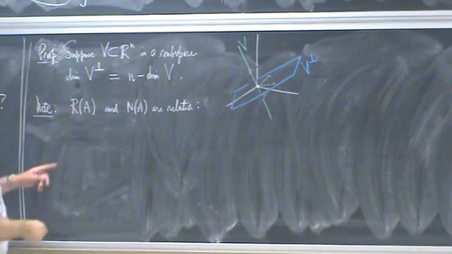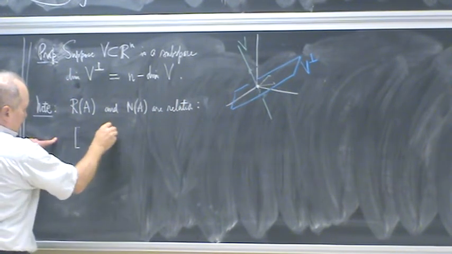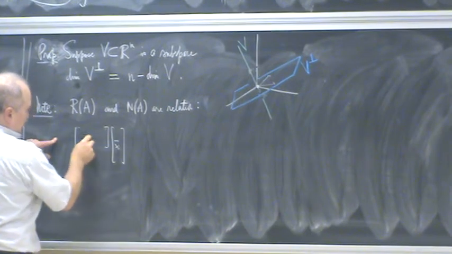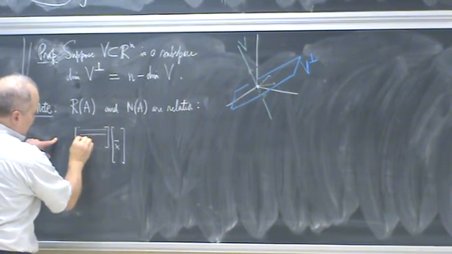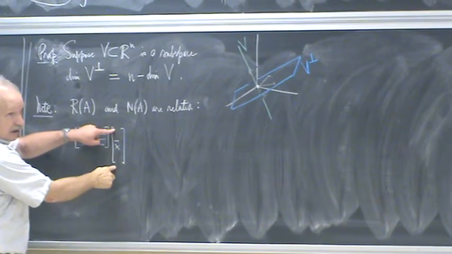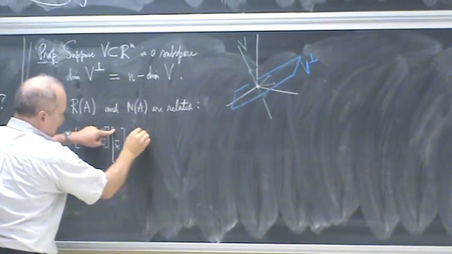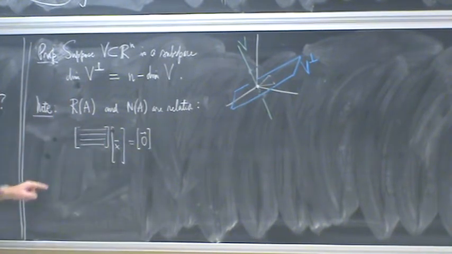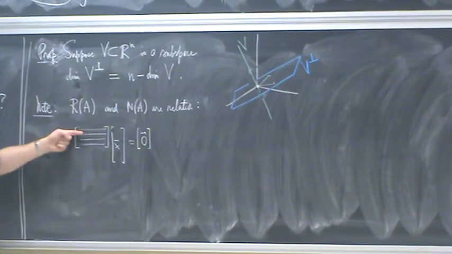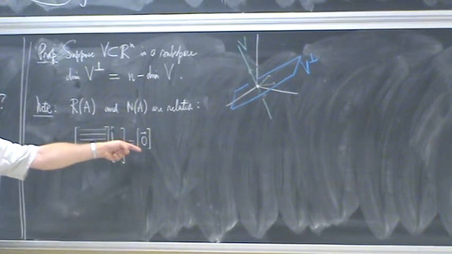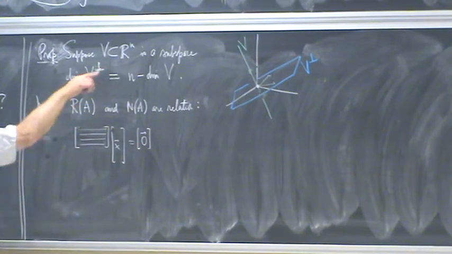Well, let's see. When you multiply A by X, you're saying that the dot products of the rows of A with X are whatever your answer is. So if the answer is 0, you're saying that the dot product of the rows of A with X are 0. This is similar to what I was saying up there.